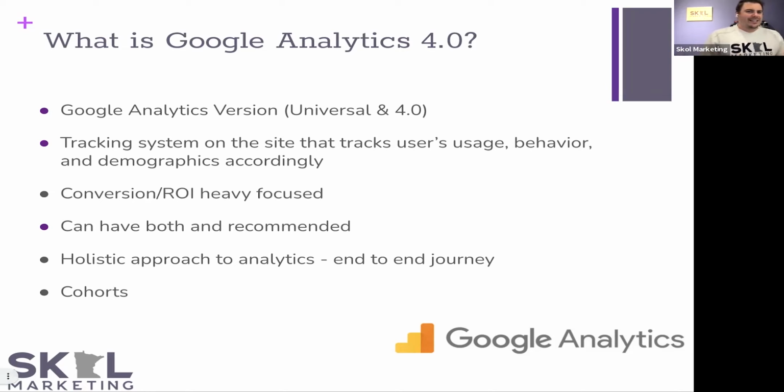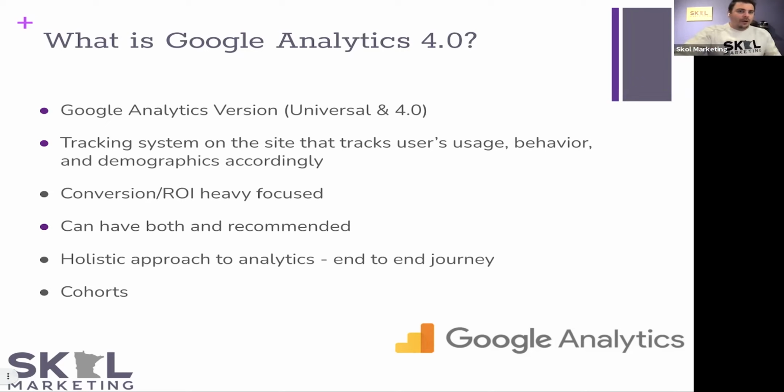This word wasn't really utilized in Google Analytics Universal, but now we're grouping different types of people on 4.0, and we're calling them cohorts, if there's that defining characteristic of how they came to that conversion. Did they come to the site on the same day?